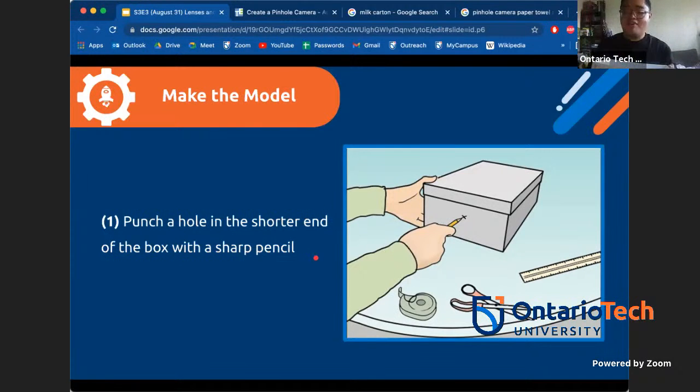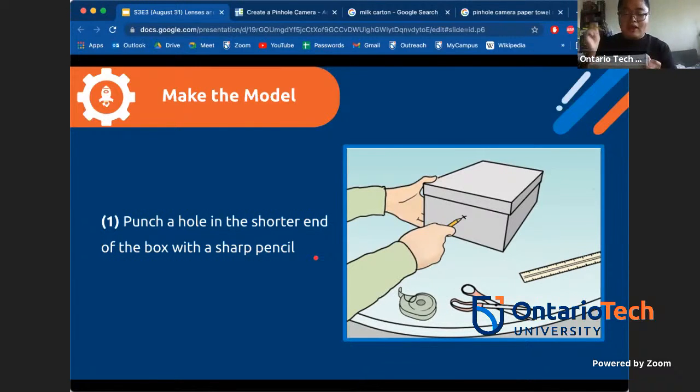If you have a shoebox like me, you want to create the hole on the shorter end of the box, not on the long end. That's because we want as much light as possible to travel through the box in order to form an image. That allows us to get a greater view of the object that we're going to be seeing once we do our testing phase.